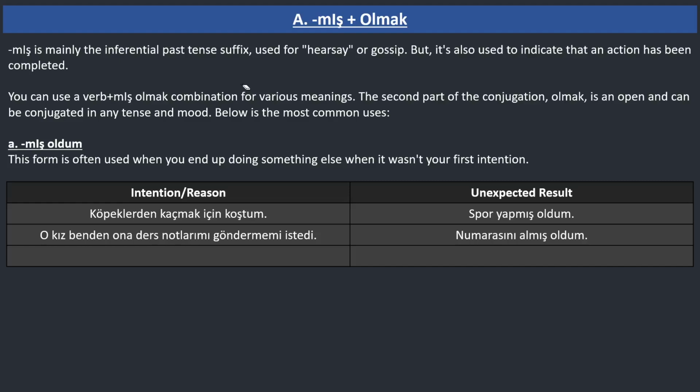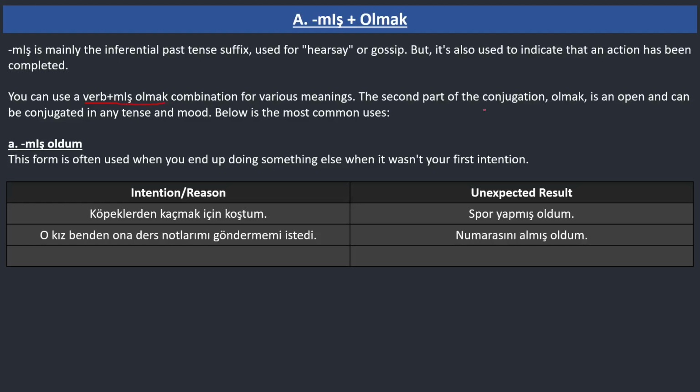So in the description part, it basically talks about the mIş and how it's used. Like mIş is used for hearsay, but in this form with olmak, it is used to indicate that an action has been completed. So we use this mIş, like verb, mIş olmak combination for a few various things.